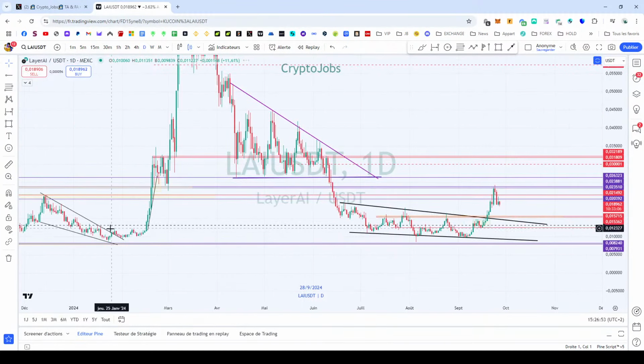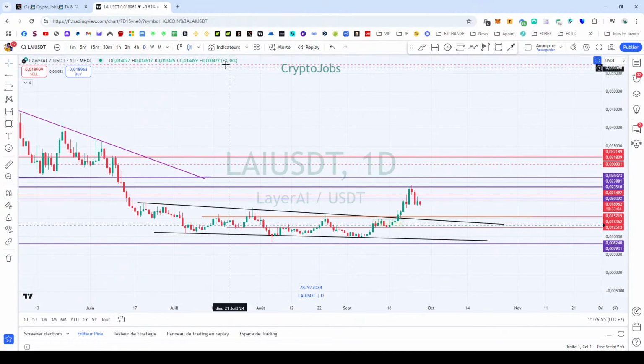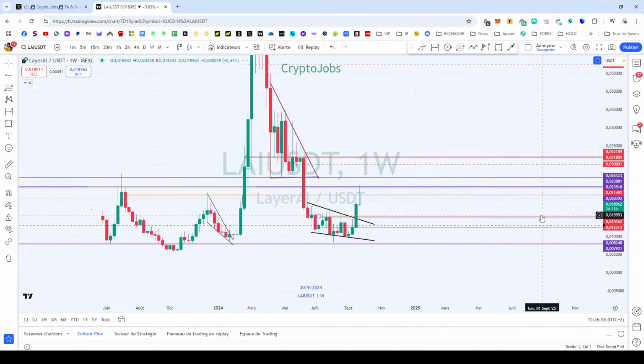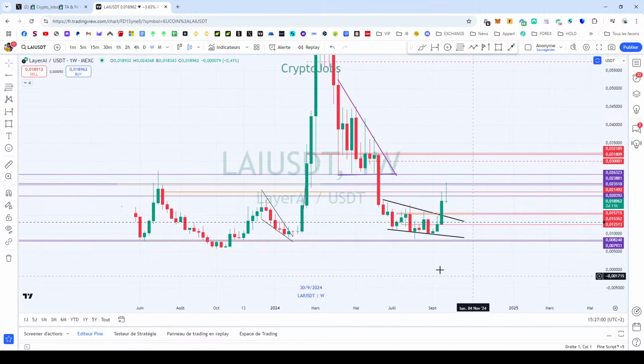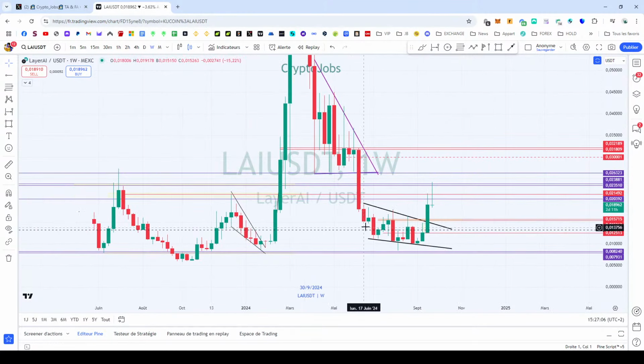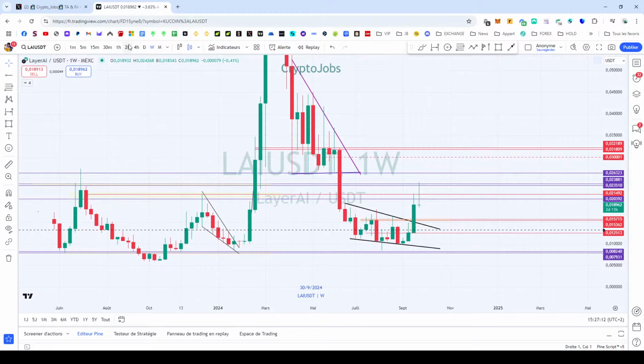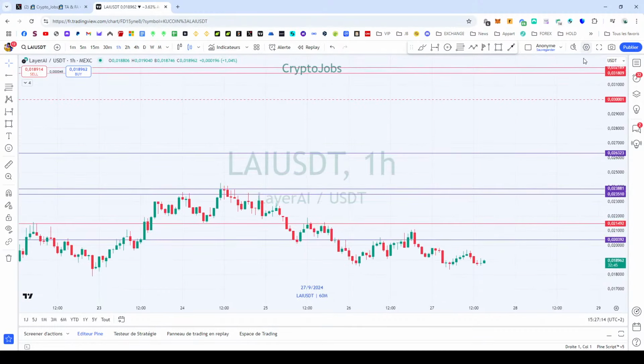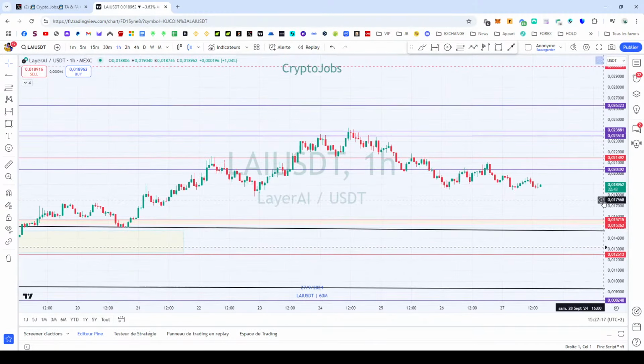You have a lot of tokens with similar charts, but their solutions aren't working, and they can't outperform the market because they don't offer the right solution. So people will move out of this project to move into other technology that works and solves similar problems, if you understand what I mean.